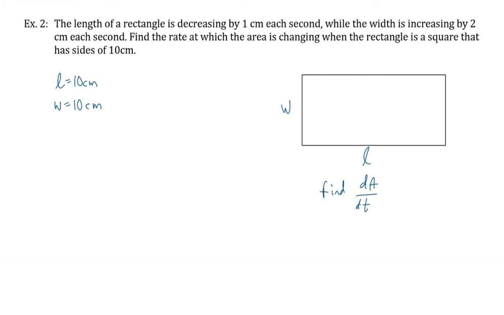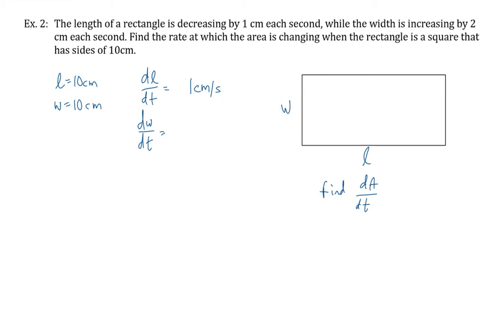We have the rate of change of the length and the width. So we have dL by dt and dW by dt. But what is different about these? I want you to think about this. So the rate of change of the length is 1 centimeter each second, so centimeter per second. So we know that we're doing things with respect to time here.